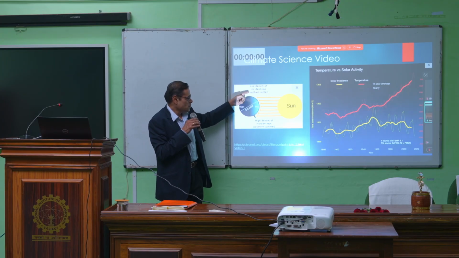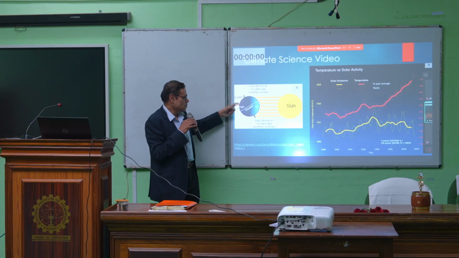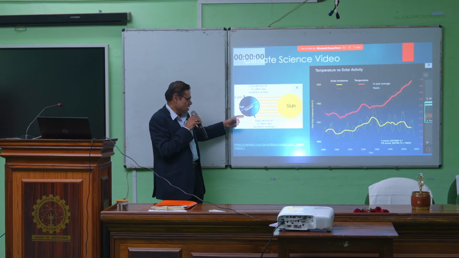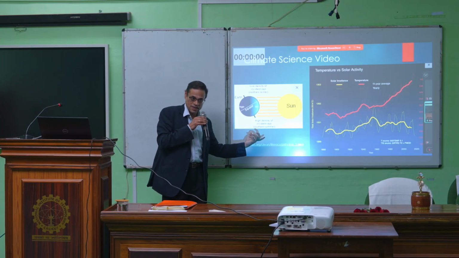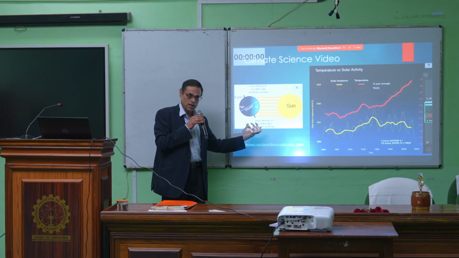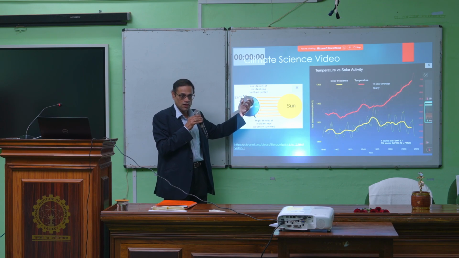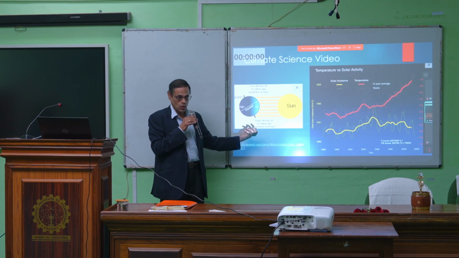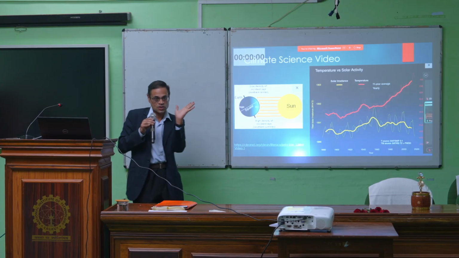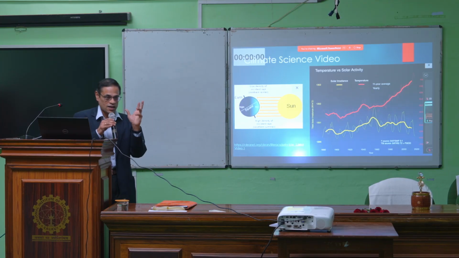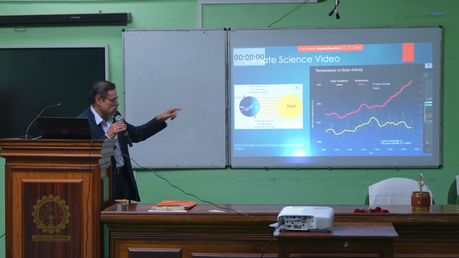Basically, low density of incident rays on the northern side causes winter, and higher density of incident rays on the south side causes warmer conditions, that is the summertime. When the south pole is warming up, the north is cold, and when the north is warming up, the south is cold. That is the scenario that we normally see because of the position of the planet Earth and the way it revolves around the sun.